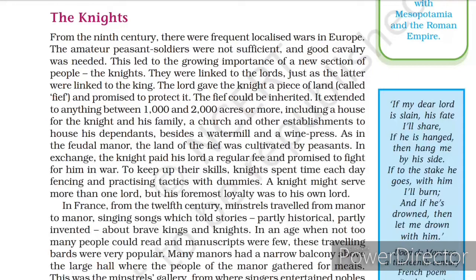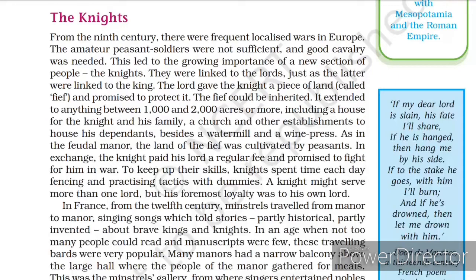Now when you talk about knights, it means the soldiers. The soldiers have to work for the king, but how they are working for the king, that is the question. The king actually gives some land to the landlord, right? And this landlord used to give some of the land given to him by the king to the knights.